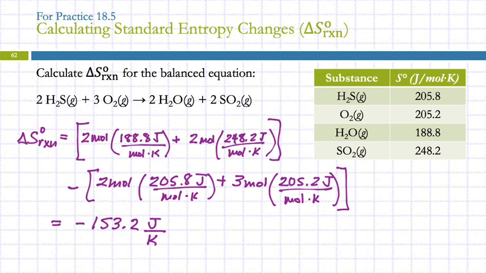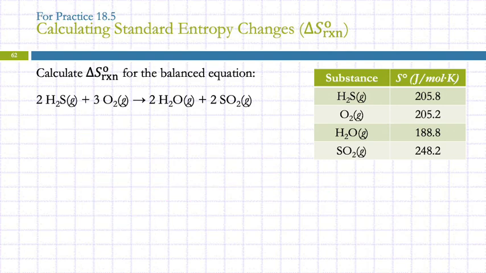Chem 1B is a place where we have to start acknowledging some of those messy things that we just kind of overlooked in Chem 1A.